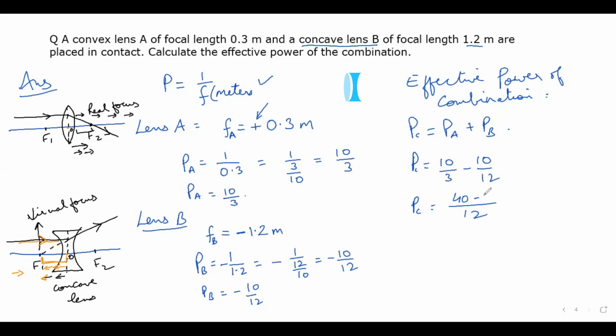So 40 minus 10, that is 30 upon 12. So PC will be equal to 30 upon 12, which is 2.5 diopters.